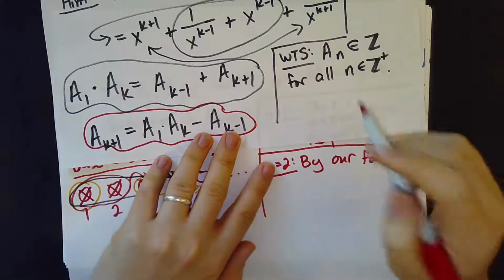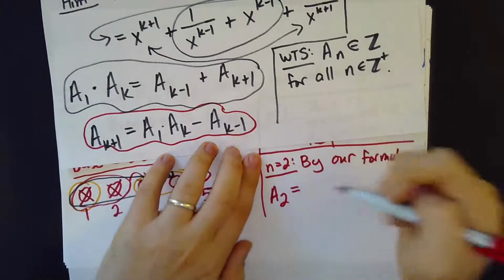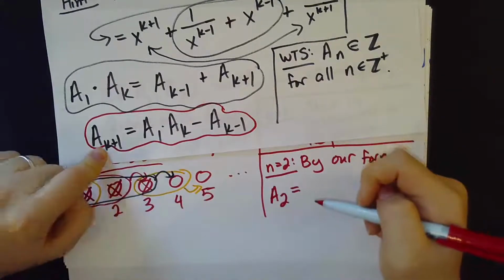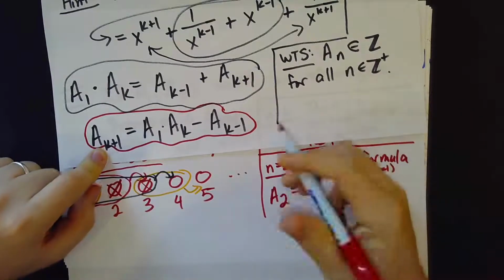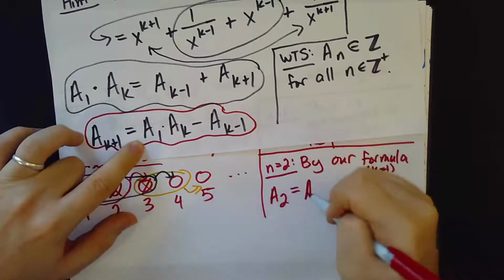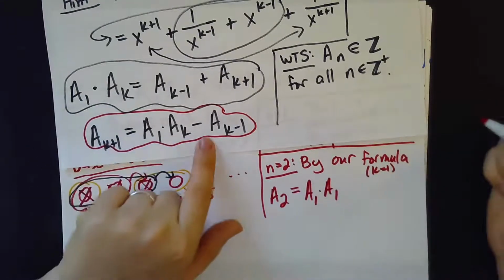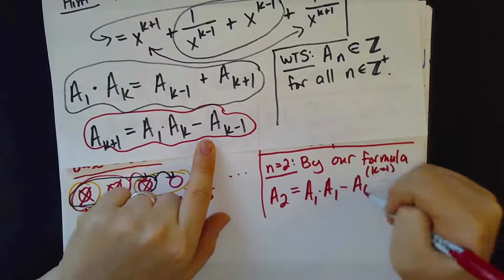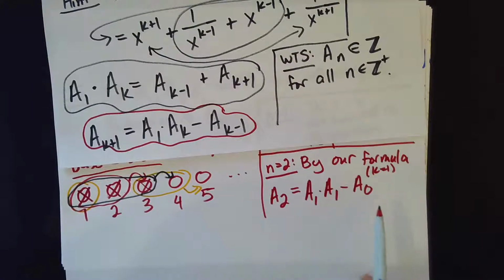So by our formula, a sub 2 is equal to, and so here I'm taking k equals 1, I'll get a sub 2 is a1 times a1 minus a0. But what is a0?